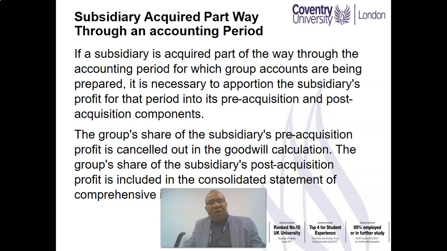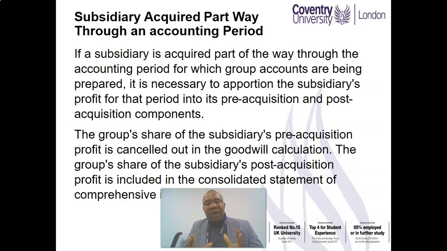Supposing we are looking at a company that was acquired on the 1st of April. This means that 3 months of the profit for that year is pre-acquisition profit, and 9 months is post-acquisition profit.